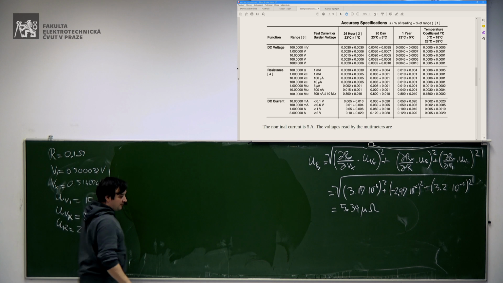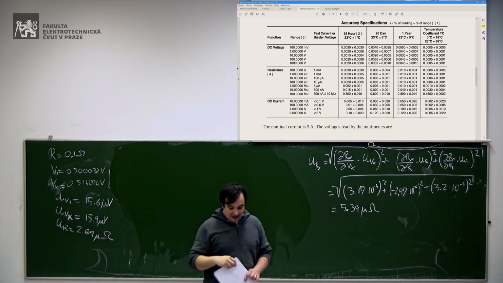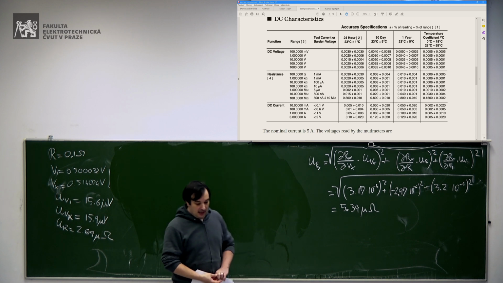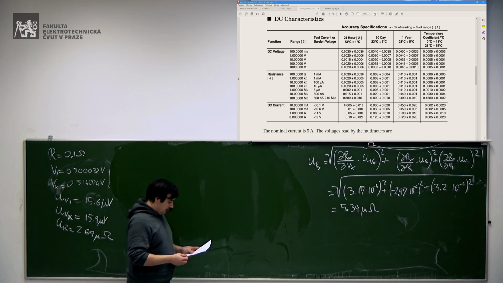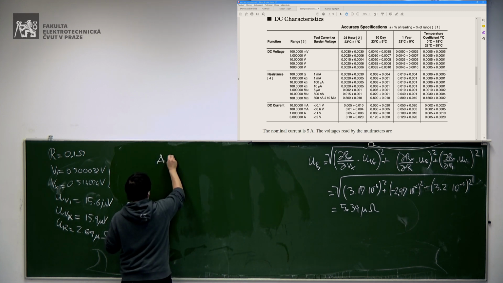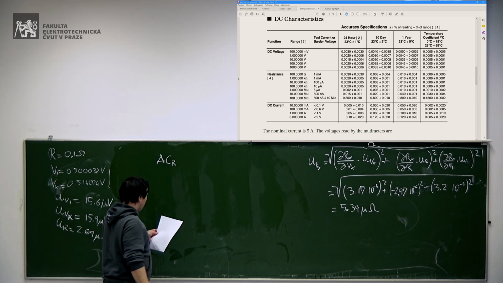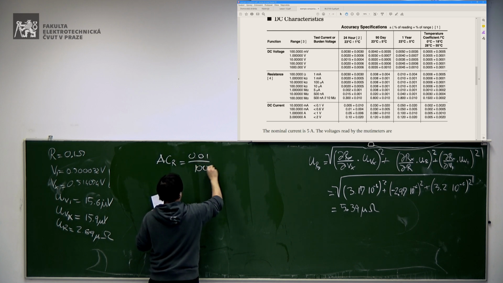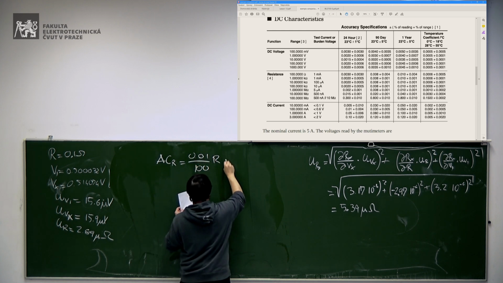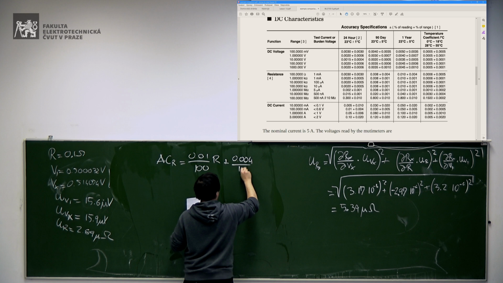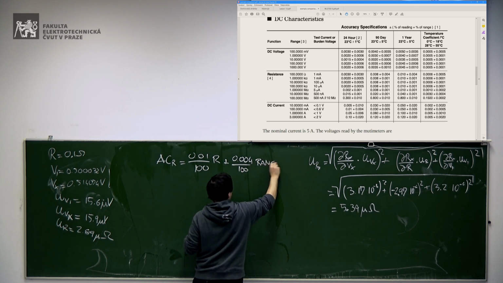Now, here we see that for calibration within 1 year, we have the range of 100 ohms, and the accuracy of this direct measurement of resistance is given by 0.01% of the resistance plus 0.004% of the range, okay?